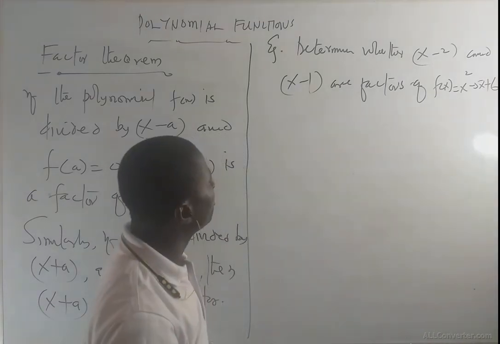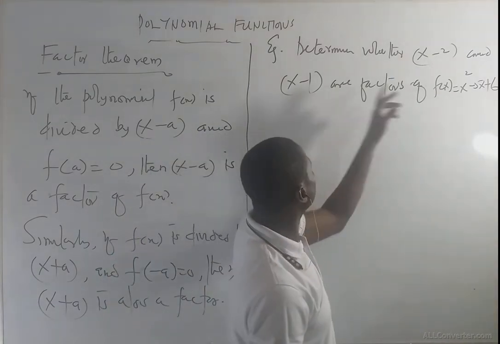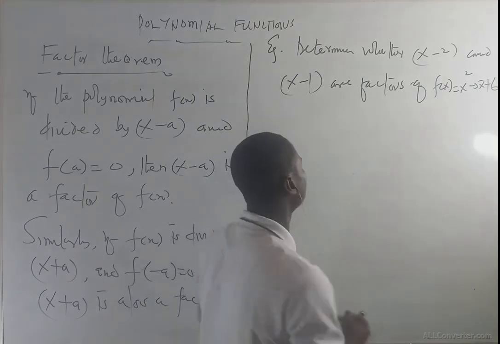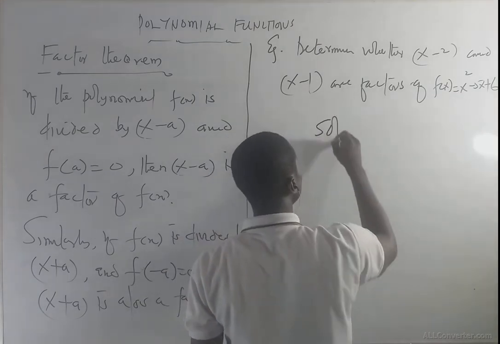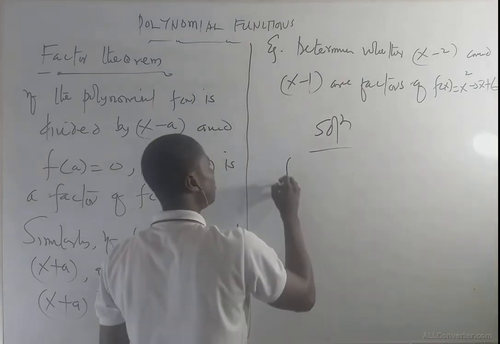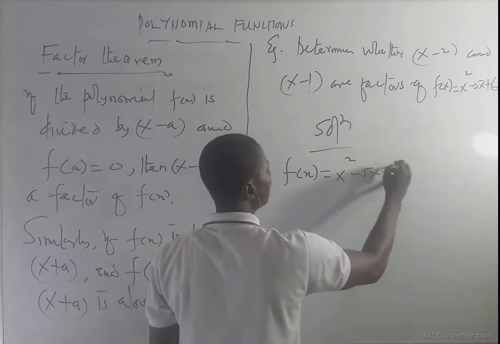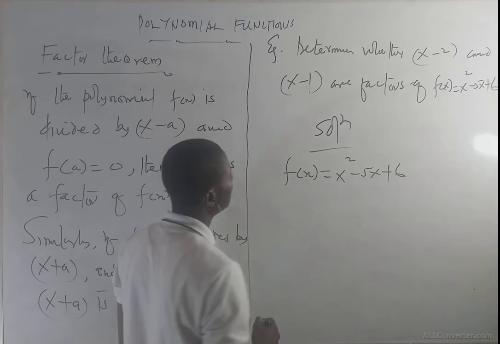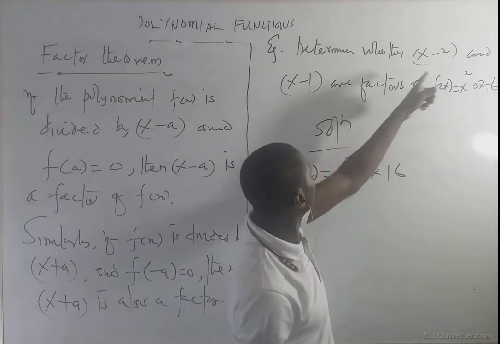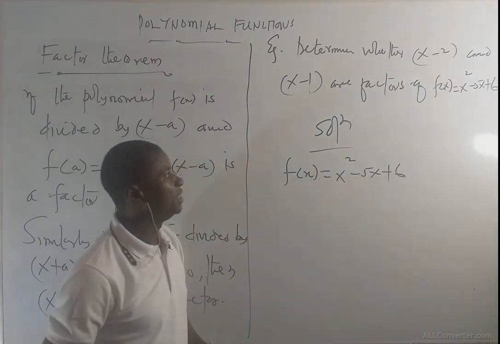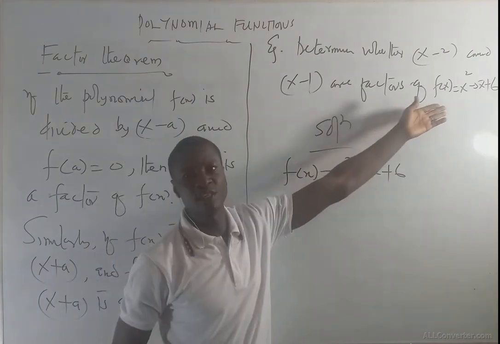We are given the polynomial f of x equals x squared minus 5x plus 6, and we are given x minus 2 and x minus 1 to determine whether they are factors of this polynomial.